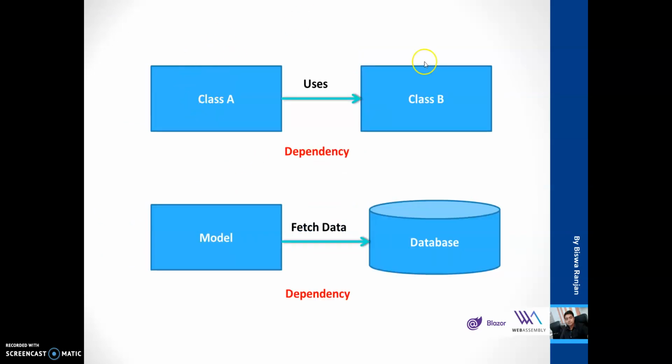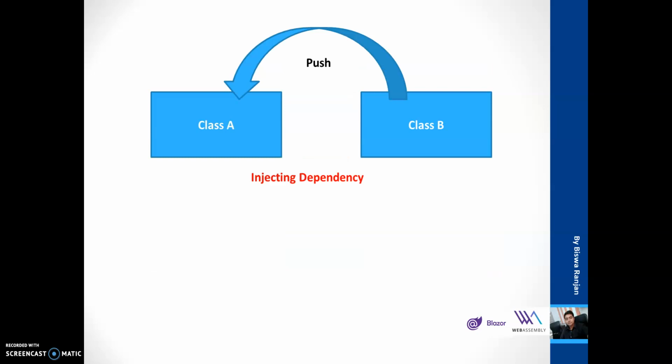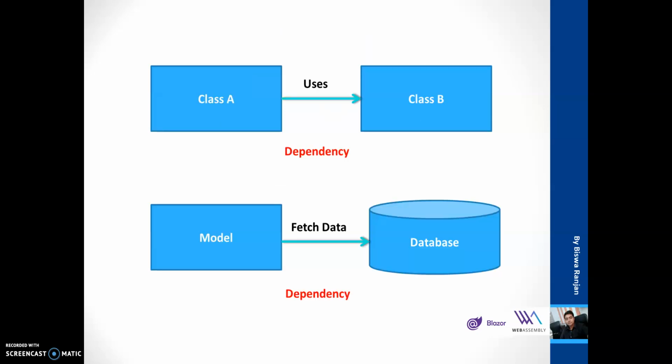Take this example: class A using the properties and methods of class B. So this is dependency. Some model using some data from the database, this is dependency. But what is dependency injection? Take the same example, class A using class B. This is creating a dependency.